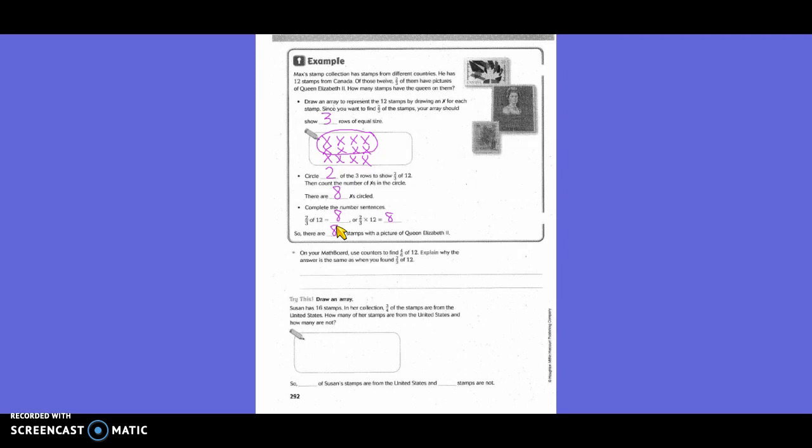On your math board, use counters to find 4/6 of 12. Explain why the answer is the same as when you find 2/3 of 12. So why would 2/3 and 4/6 get us the same answer, guys? Because 2/3 is the same form as 4/6. Okay, 2/3 and 4/6 are equivalent.